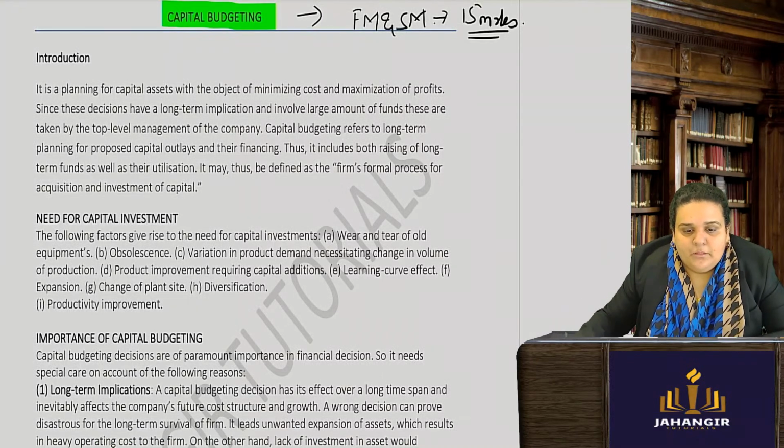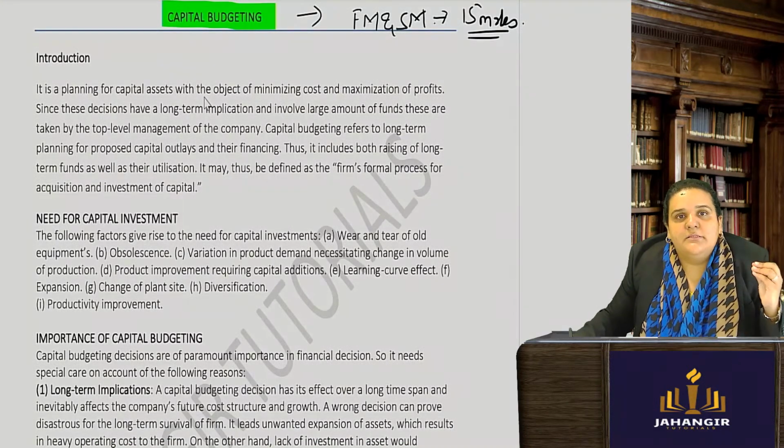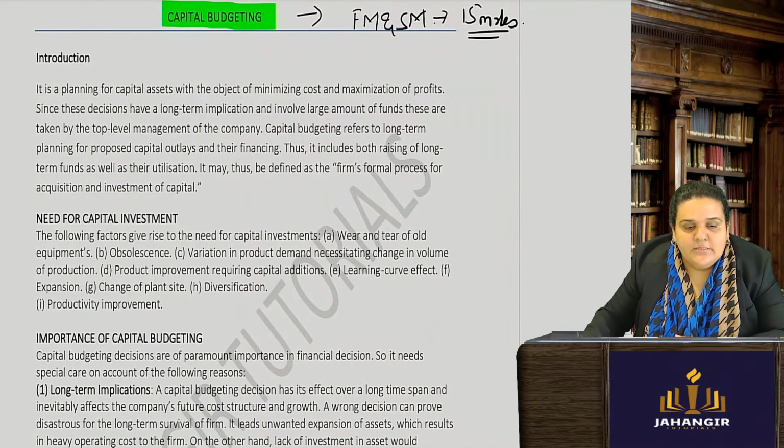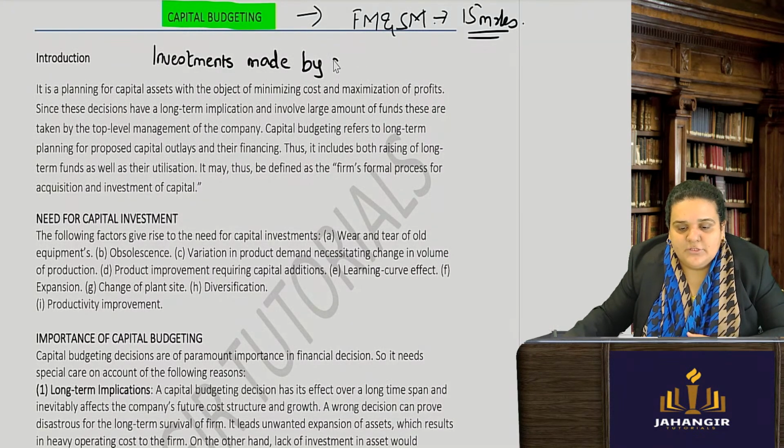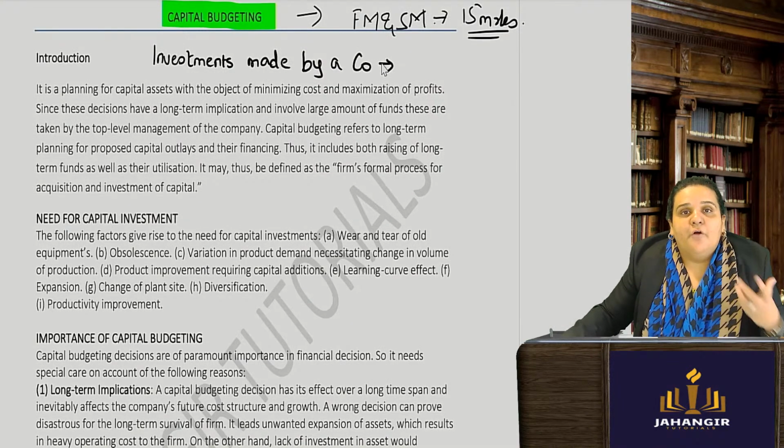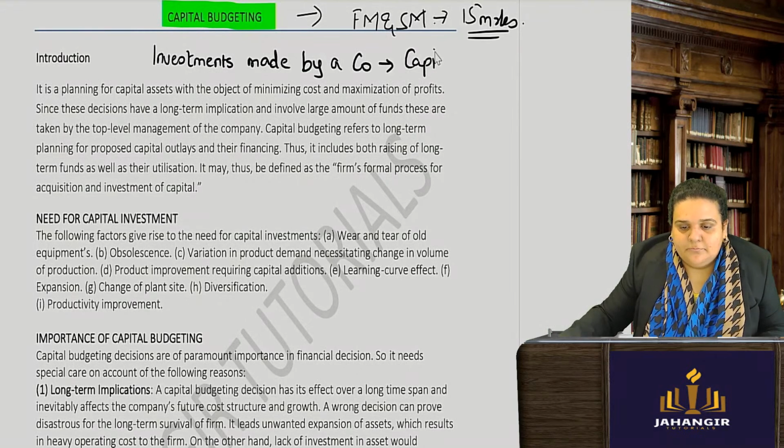To understand what capital budgeting is, it is basically talking about the investments made by an organization, by a company, in the form of capital assets.